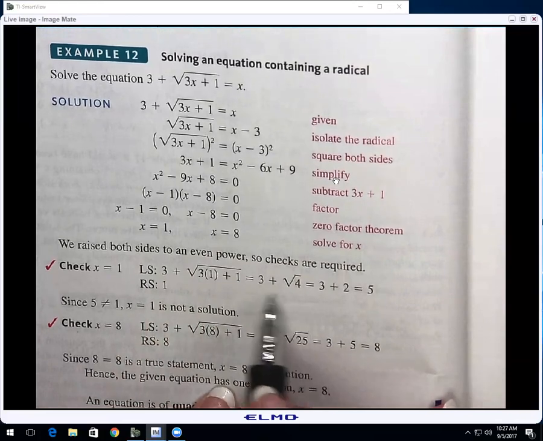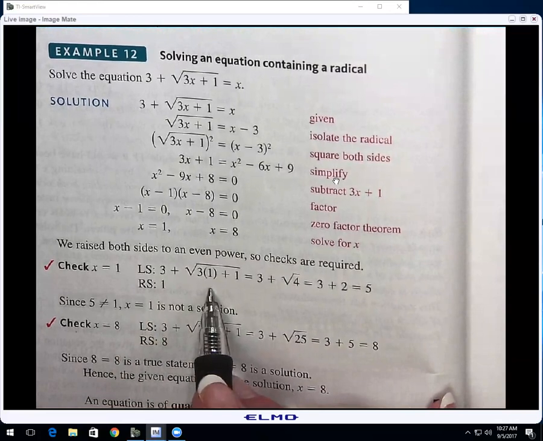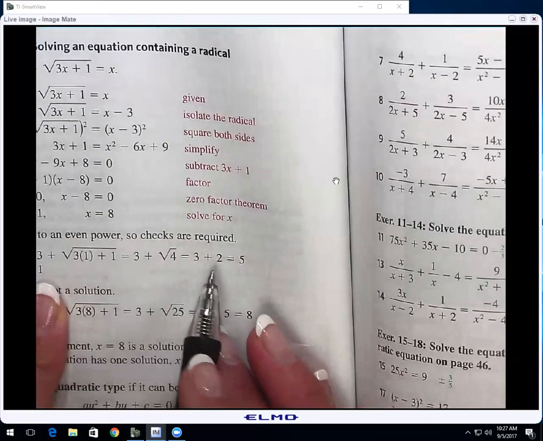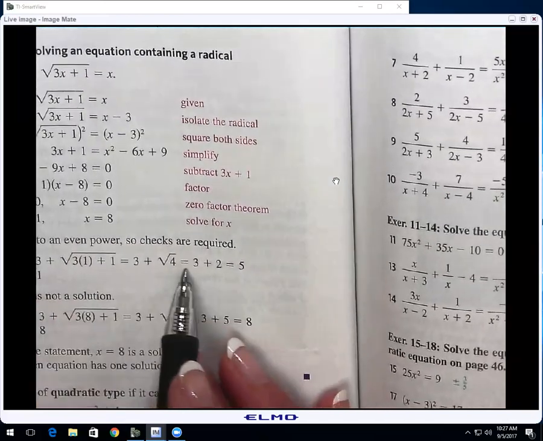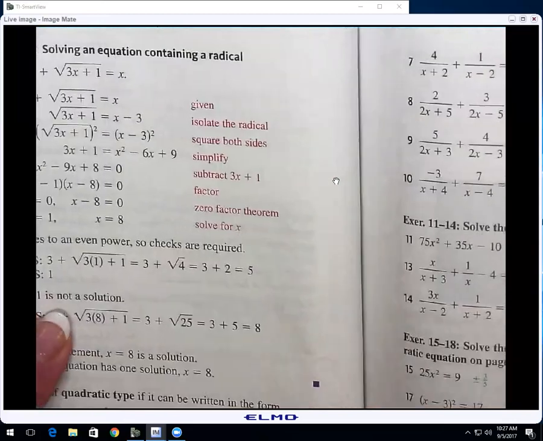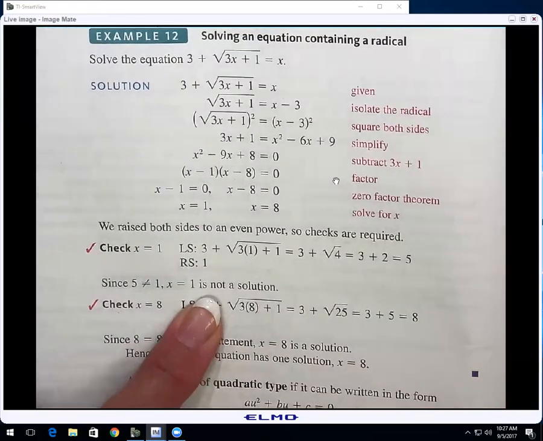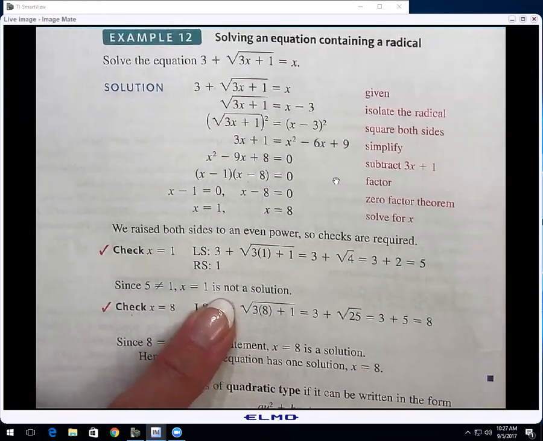Why am I getting that it doesn't check? Because for some reason I have 5. What the heck have they done? The left-hand side is 5, the right-hand side is 1. 5 doesn't equal 1, so 1 is not a solution. Okay, I was reading it wrong. They agree with me. 1 is not a solution because you have 5 on the left-hand side and 1 on the right-hand side.